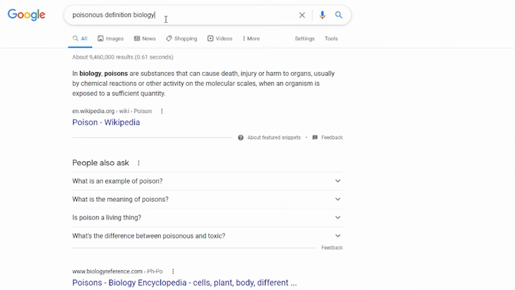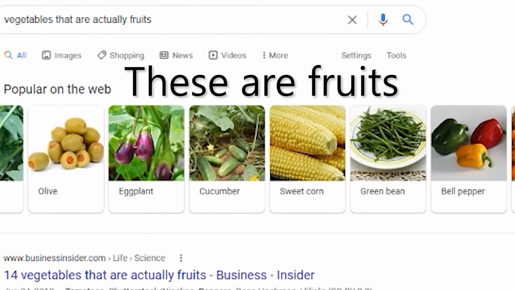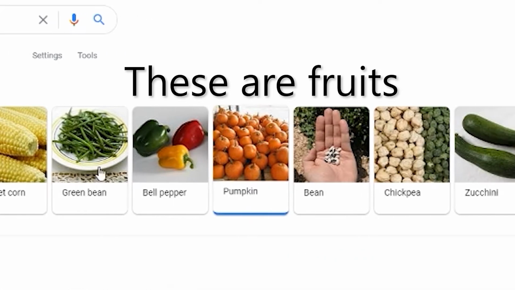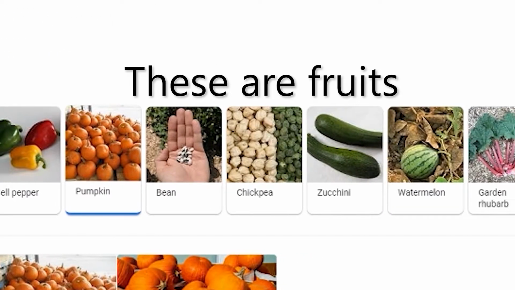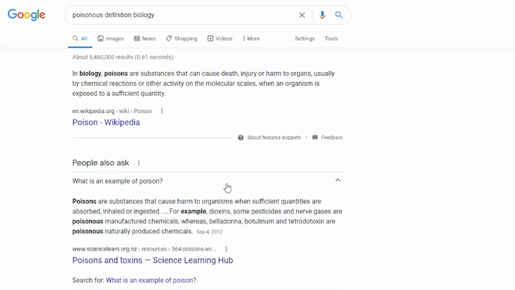It's similar to the fact that we call pumpkins and tomatoes vegetables, but they're actually fruits, though in culinary terms those are vegetables. So there's a difference between a biological definition and a more popular definition, and context matters too.